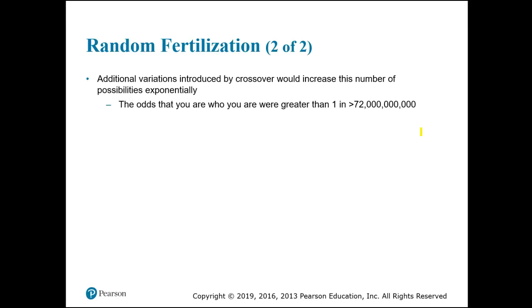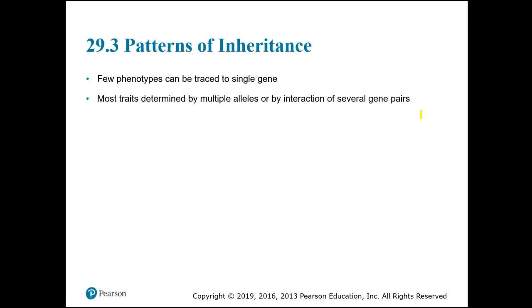So in that 72 trillion, they didn't even include the effects of crossing over. That would make it greater than 72 trillion different possibilities of genetic variety in the offspring.